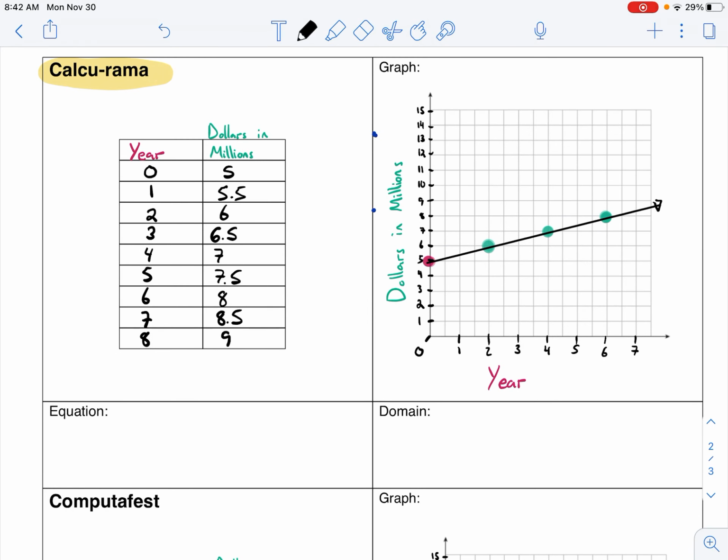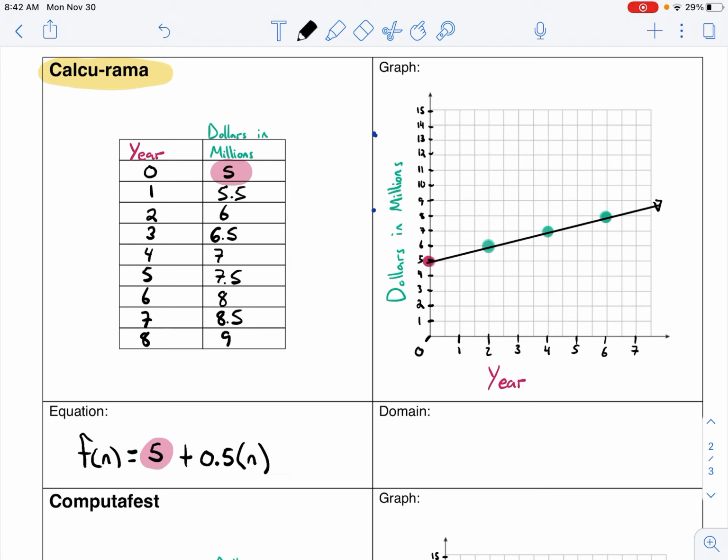If we look at the equation for this, our output equals our start value of 5, and our action was to add $500,000, or 0.5, times n.